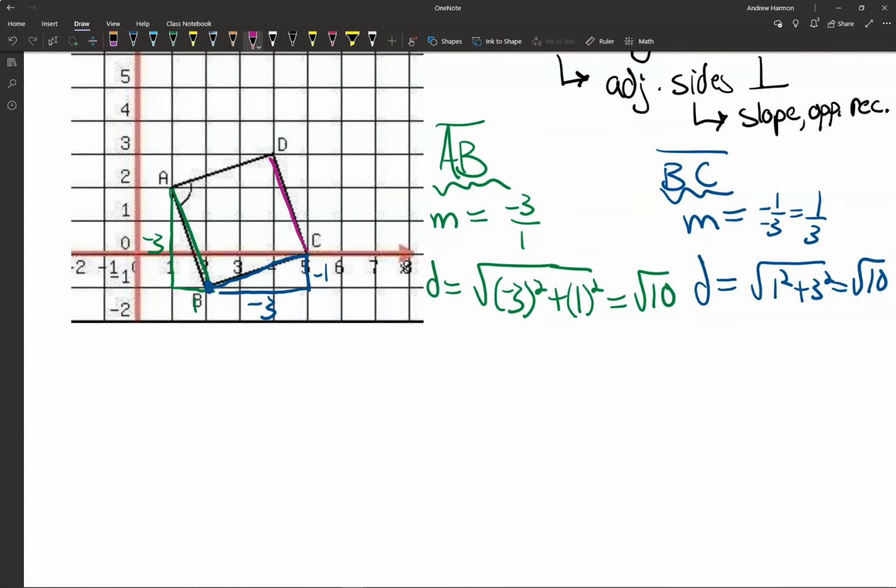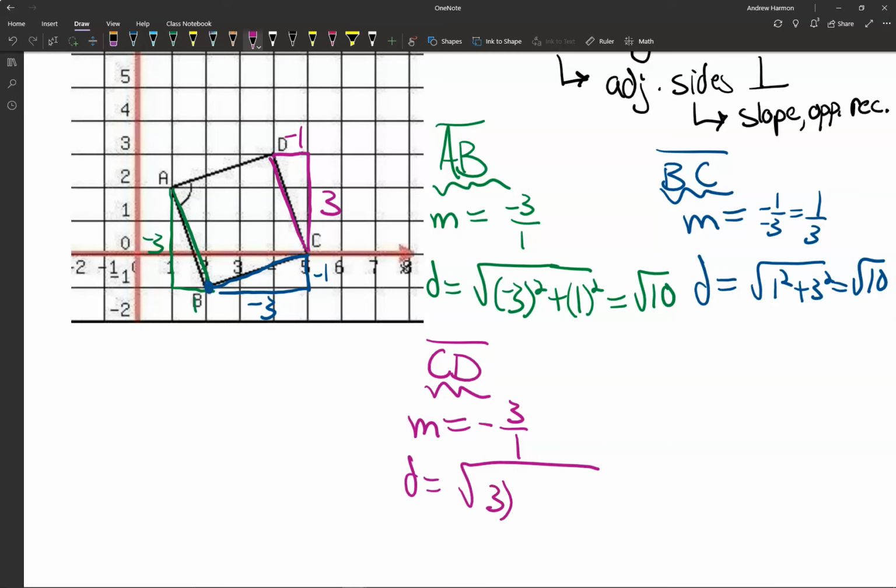CD. CD, its slope, we have a rise of 3, so that's +3, and a run of left 1, so that's -1. So -3 over 1. And then we have a distance. Again, we can use those non-simplified slope values of +3 squared plus -1 squared, and that gets us a square root, 9 plus 1, or 10.